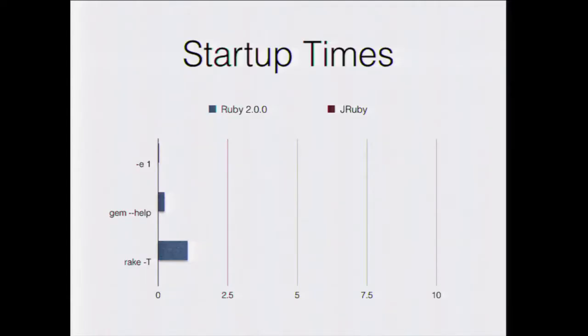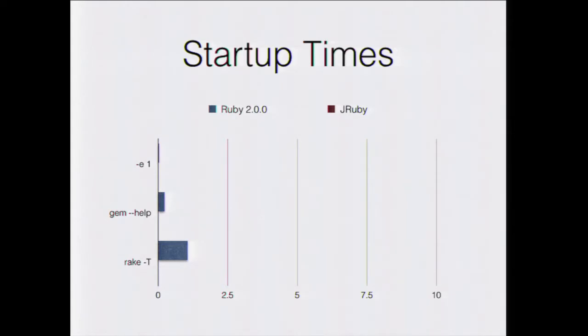And here I am going to compare the startup times between MRI 2.0 and JRuby. If you just run -e 1, that means execute the statement 1, and gem help, and run rake -T.